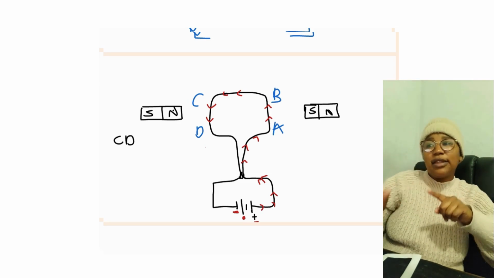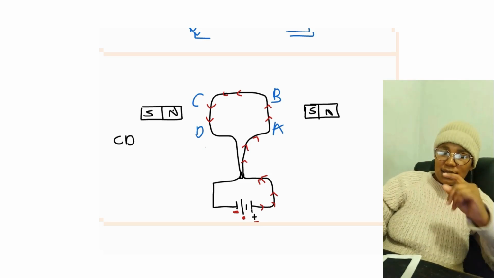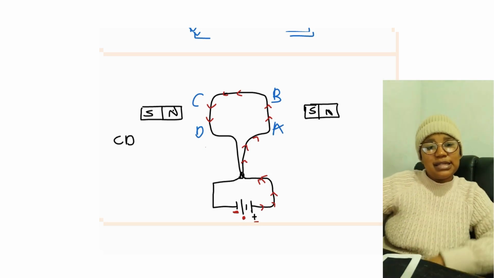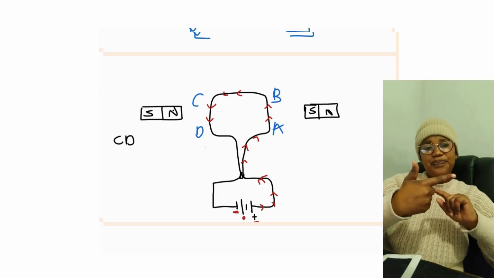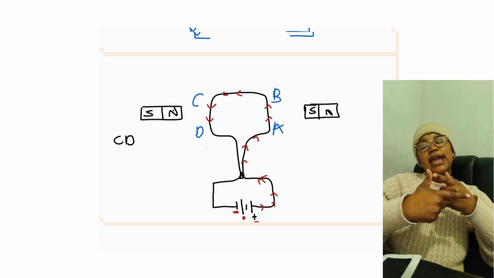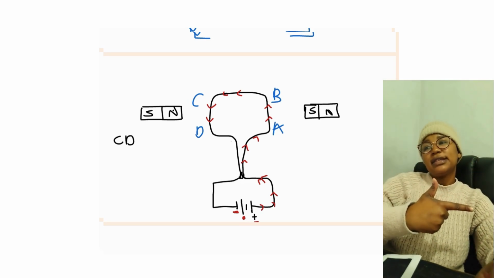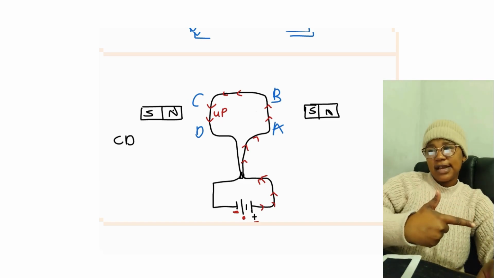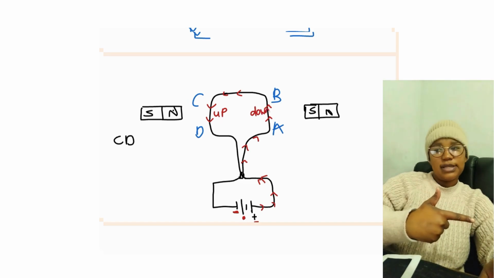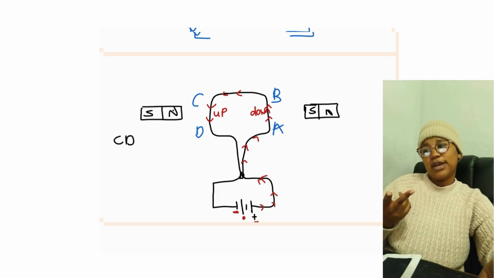Now the current there is down, like the red arrows represent current downward, meaning it is out of the page, meaning it's going to face me, and then you'll see that side faces up. It means this side CD is facing up. And if it faces up, automatically the other side has to face down. Always. If you find one side, you're sorted with the other side.